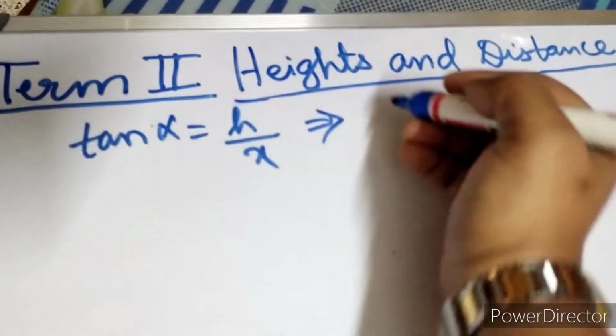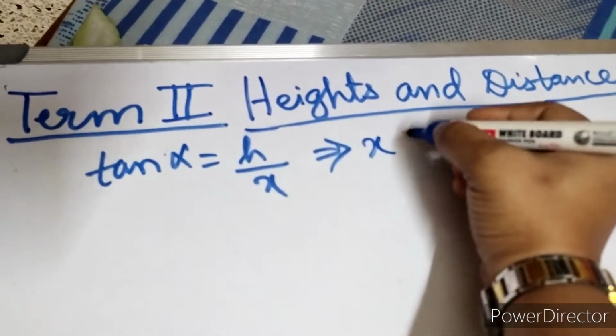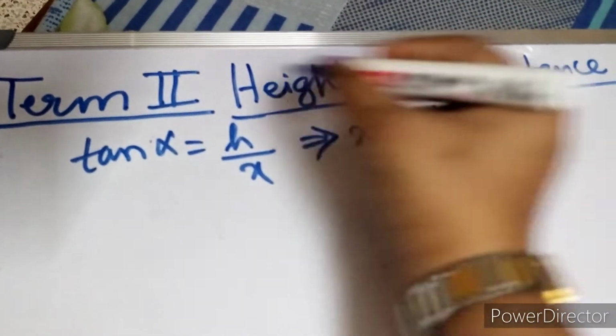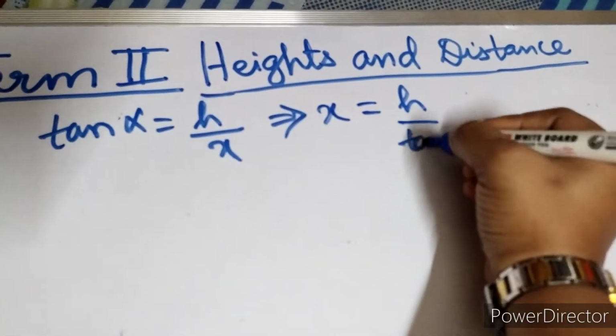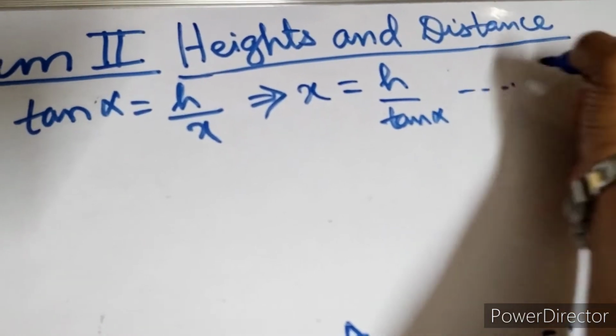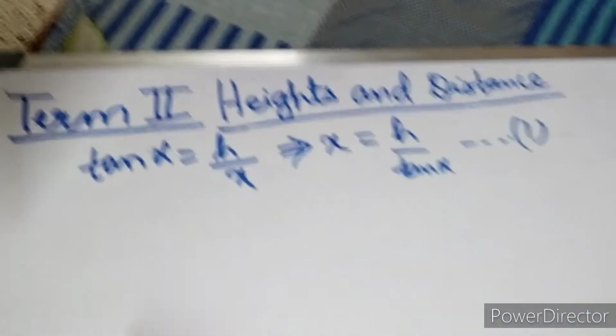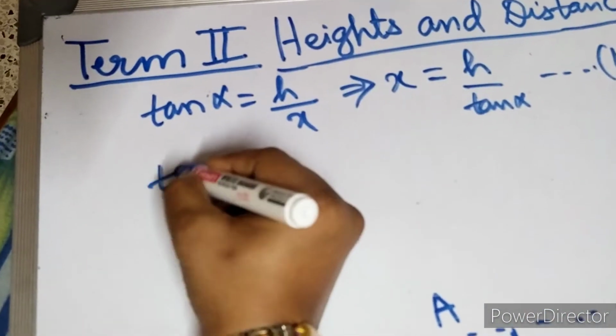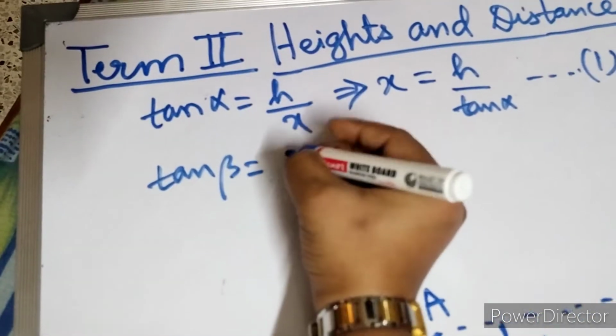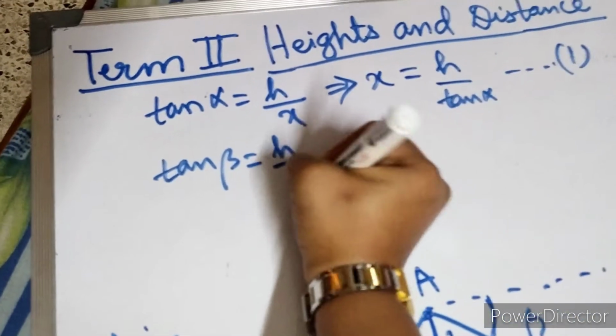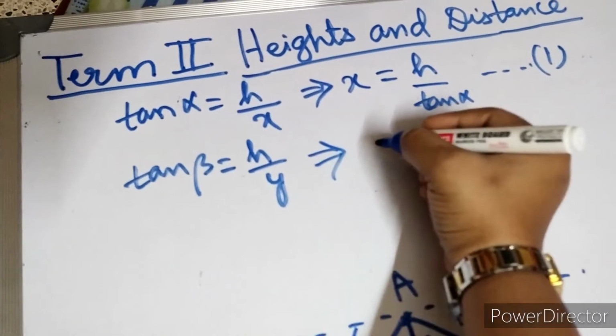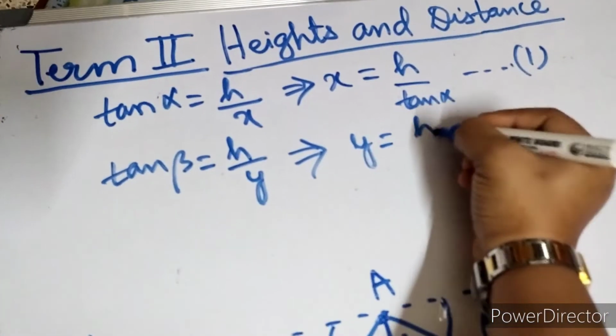So we have to find X and Y. Let us make X the subject: X equals H by tan alpha. Let us call this 1. Then tan beta was H by Y, which implies Y equals H by tan beta.